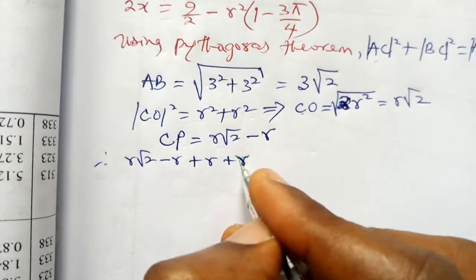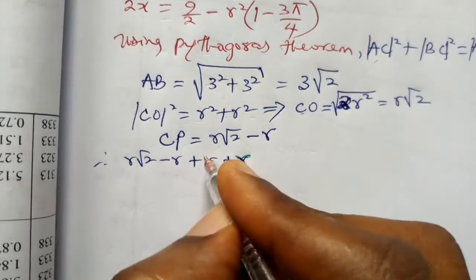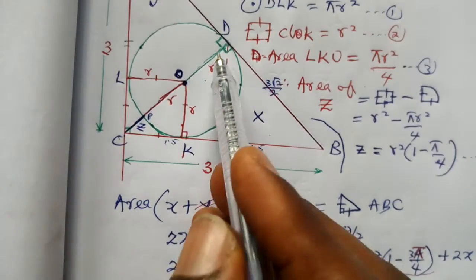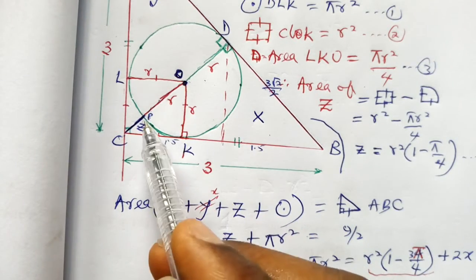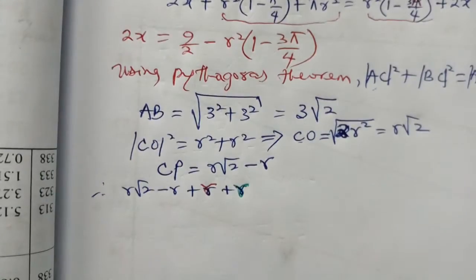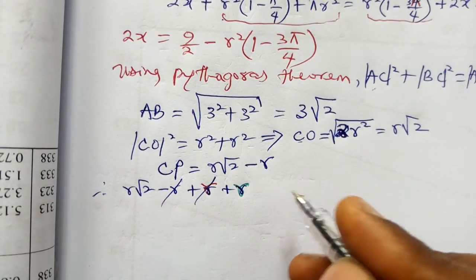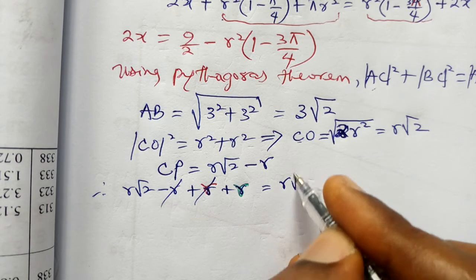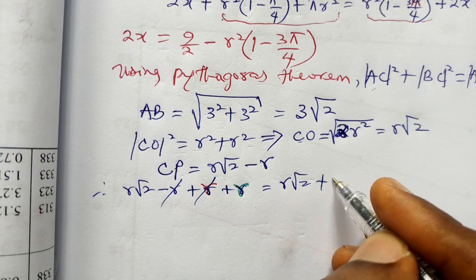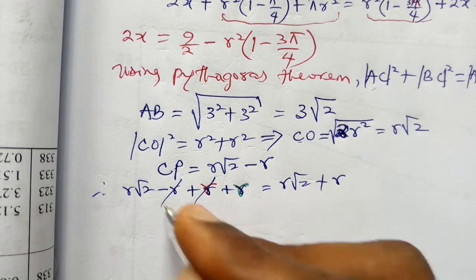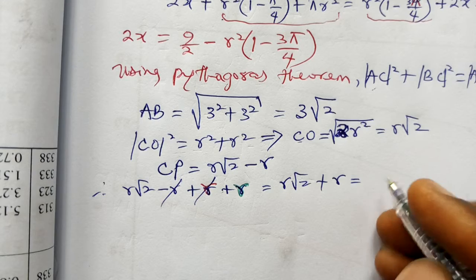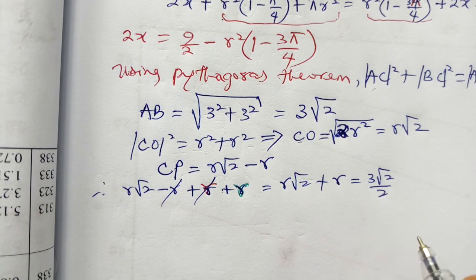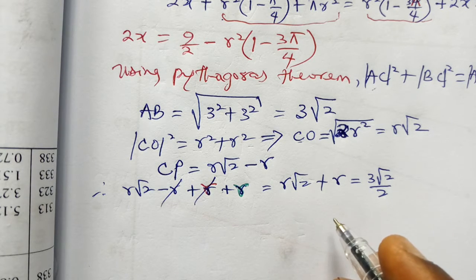This is the green segment, this is the red segment, and this one is the blue segment. So the green is R, this one is R, this one is R root 2 minus R. So this one will cancel this one, and you have R root 2 plus R is equal to 3 root 2 over 2. That's what that one will give you.